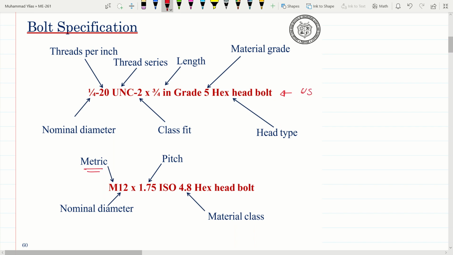Let us compare the bolt specification methodology adopted for US customary units and the metric system. Whenever a code is written in the problem statement, such as a quarter inch 20 UNC-2 by 3/4 inch grade 5 hexagonal head bolt, each of these numbers or letters means something.